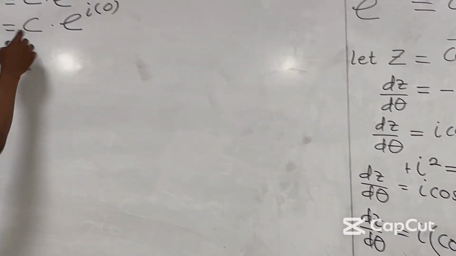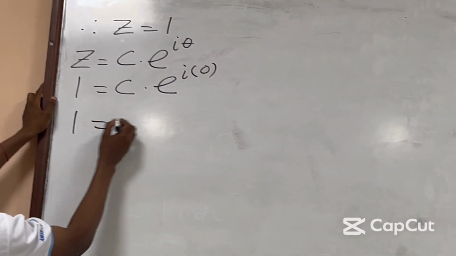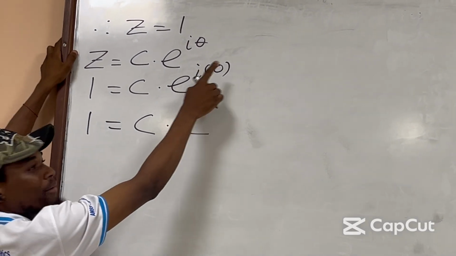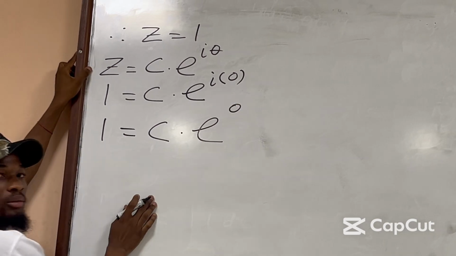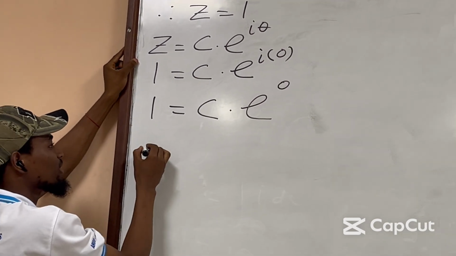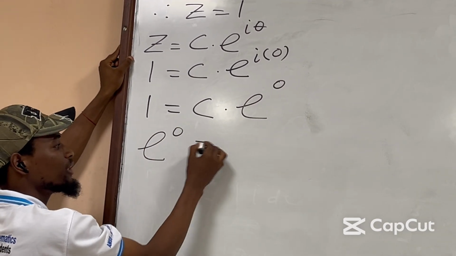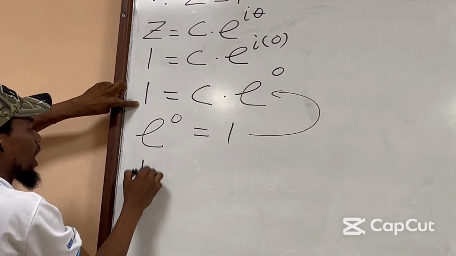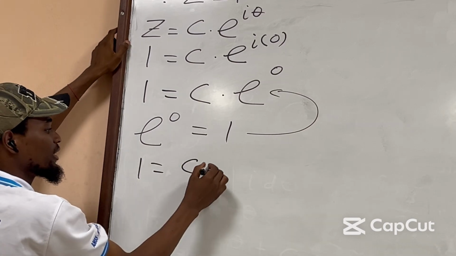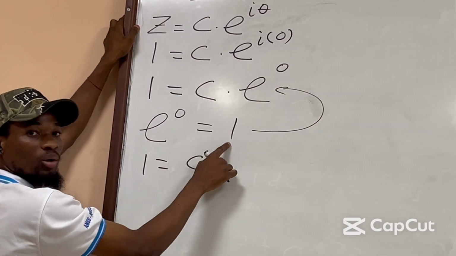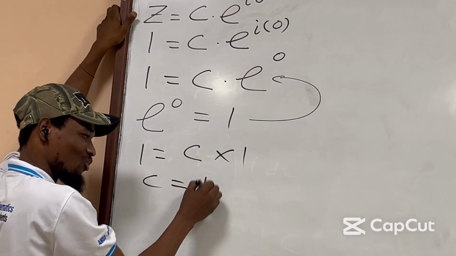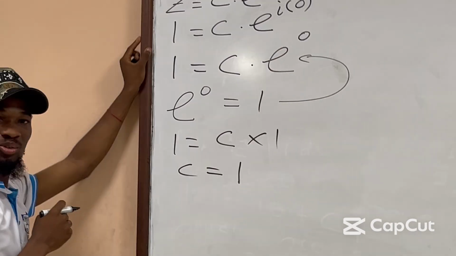So here we have 1 is equal to c times e to the power i times 0, which gives 0. We know that e to the power 0 gives 1. So we substitute this: 1 is equal to c times e to the power 0, which is equal to 1. So I have c is equal to 1. Is that not so?